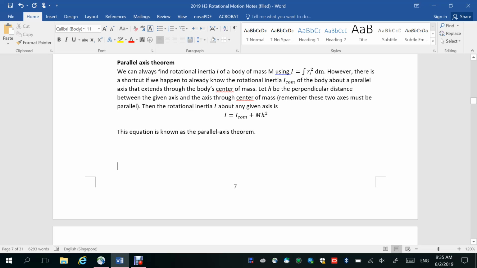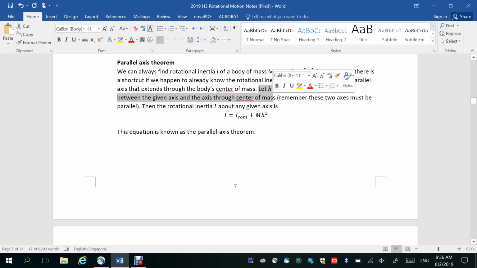In this lecture, we continue where we stopped in the last lecture, that is the parallel axis theorem. In this parallel axis theorem, we say that the moment of inertia about any given axis will be given by the moment of inertia about the common center of mass plus Mh squared, where big M is the total mass of the rigid body, and h is the perpendicular distance from the given axis to the axis that passes through the center of mass.